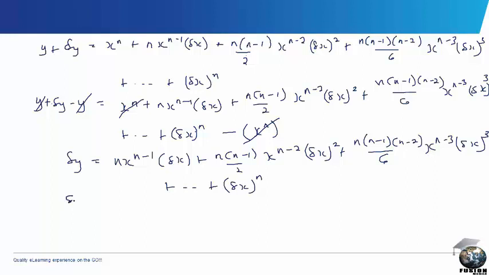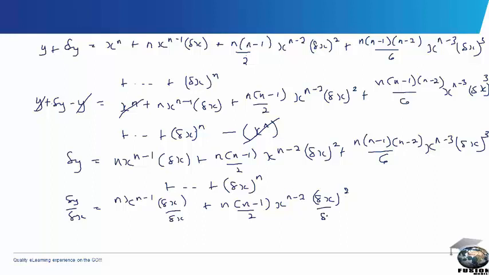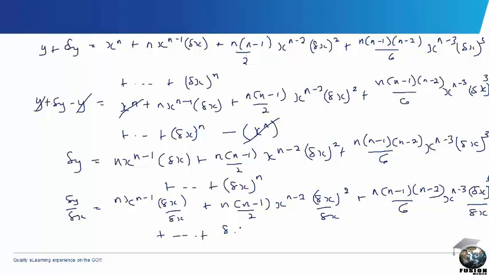So dy over dx will be equal to n x raised to power n minus 1 dx all over dx, plus n minus 1 over 2 x raised to power n minus 2 dx squared all over dx, then plus n minus 1 n minus 2 over 6 x raised to power n minus 3 dx raised to power 3 all over dx, and then it continues to have dx raised to power n all over dx.